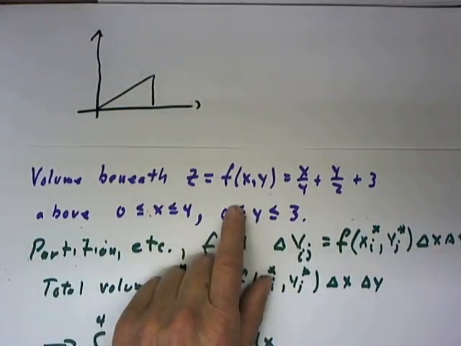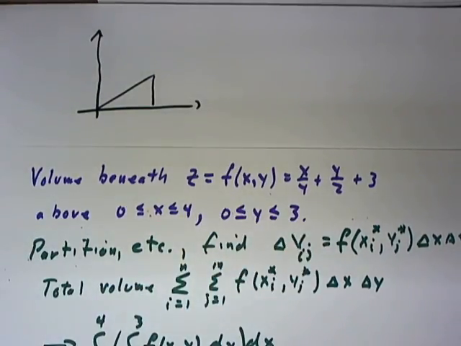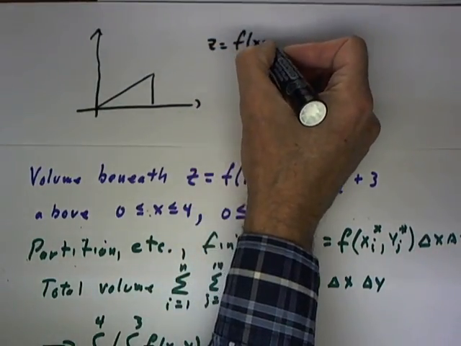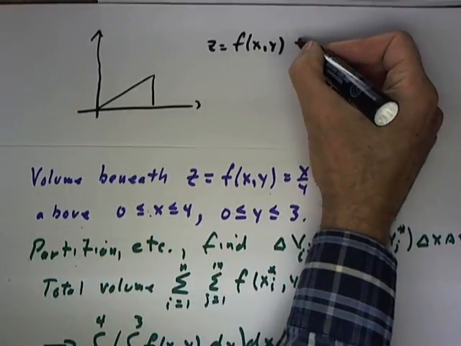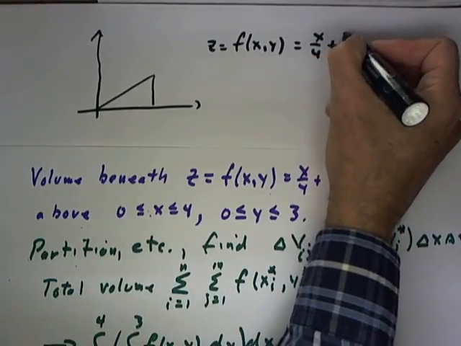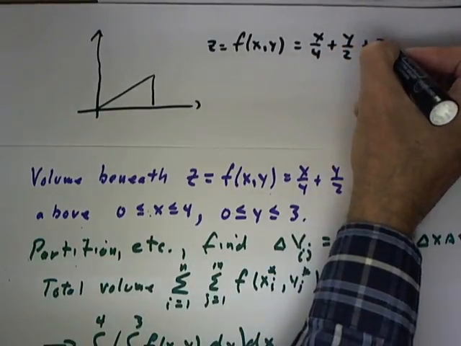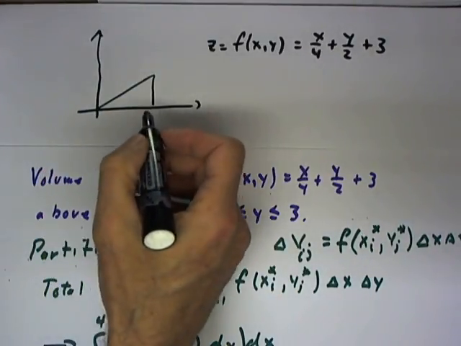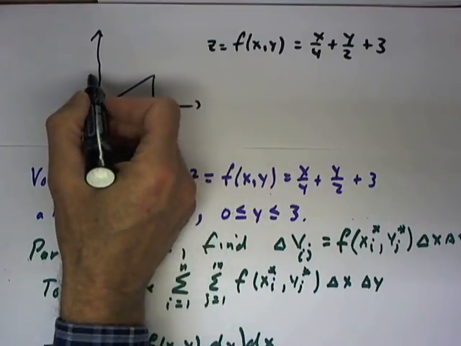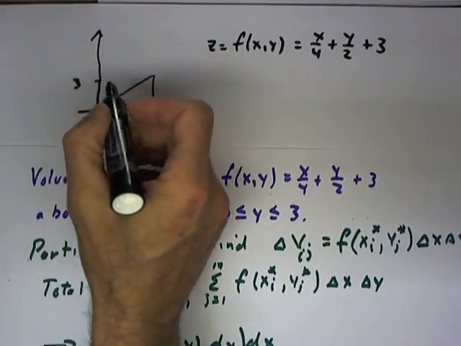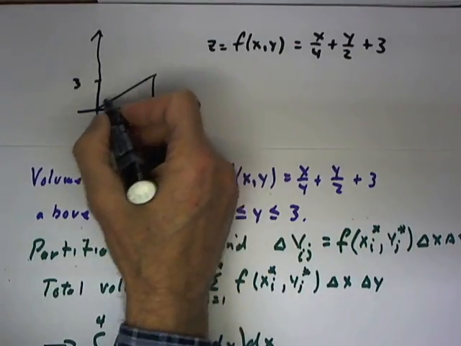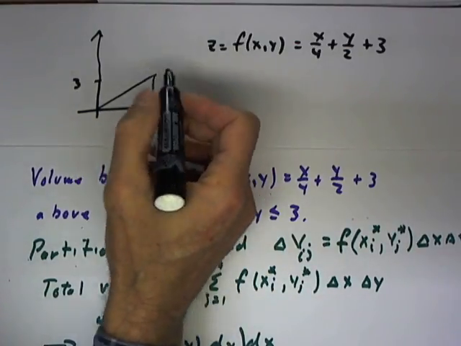Let's say we have the same function. Again, z equals f of x y equals x over 4 plus y over 2 plus 3. And our x still goes from 0 to 4, and our y still goes from 0 to 3 at this point, but we've cut this rectangle in half.